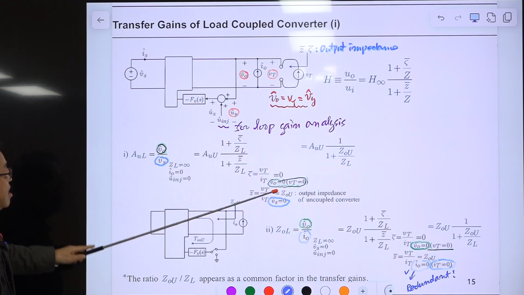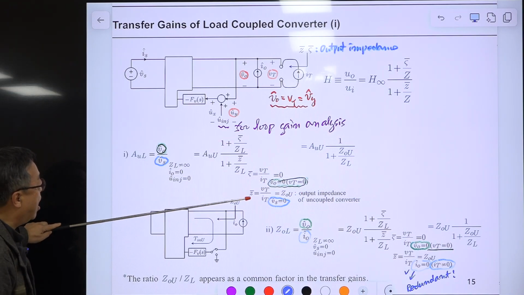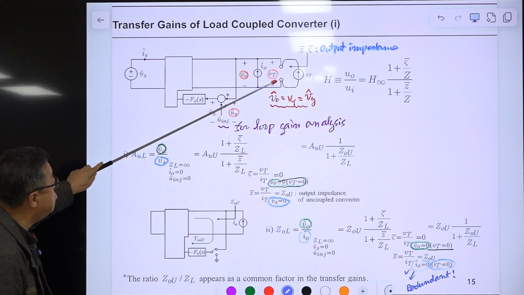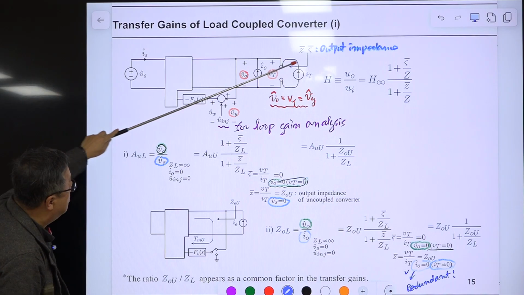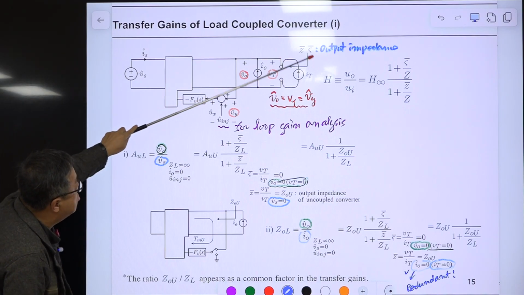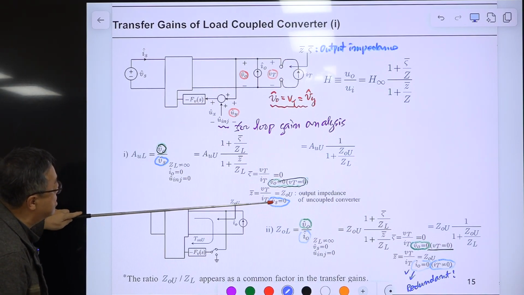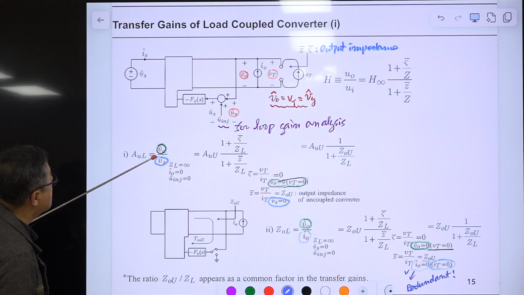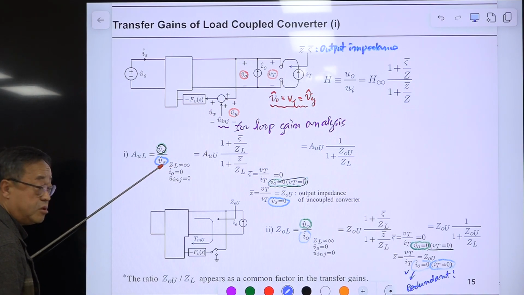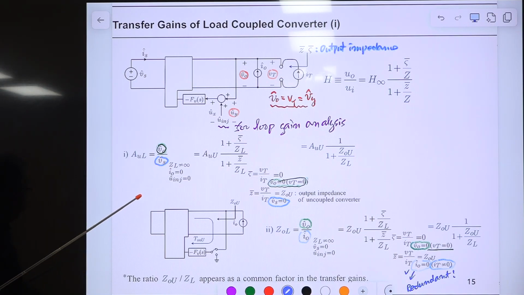And the second one is G bar. It is the ratio of these two, which is the impedance looking into the converter through this opening. Then Vs, this is the input of this, not the input of the particular transfer gain of our interest.